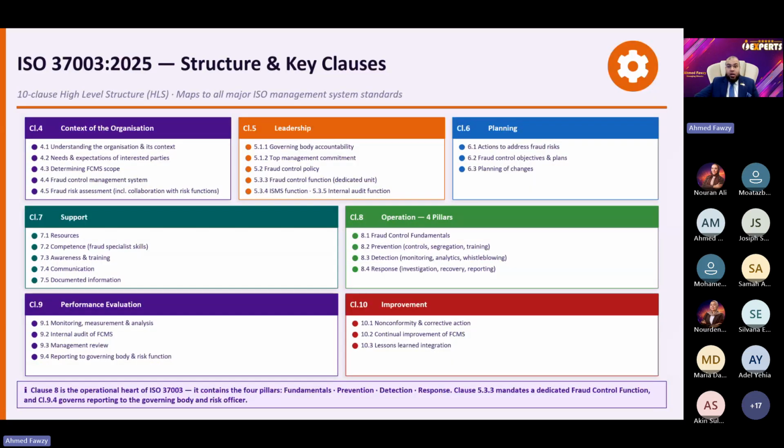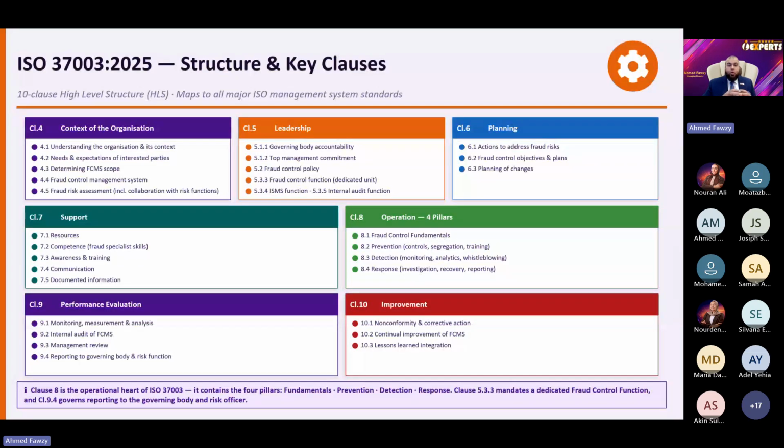When we speak about the standard itself, we can explore a great structure. Again, it is the same 10-clause structure. Clause 4 is the context of the organization. Maybe somebody says, Ahmed, I remember that I saw this before in ISO 27001, in ISO 22301, in the privacy management system 27701.